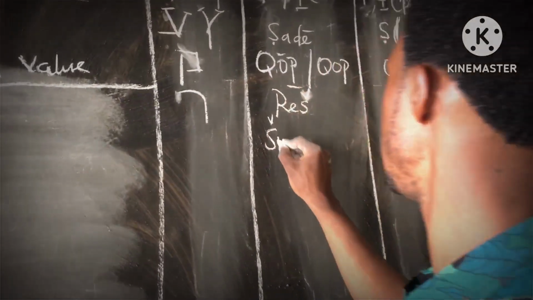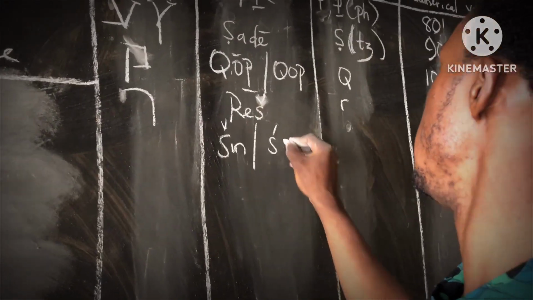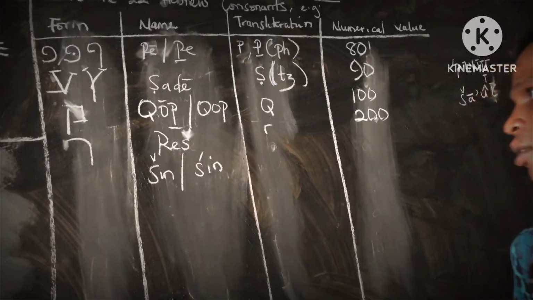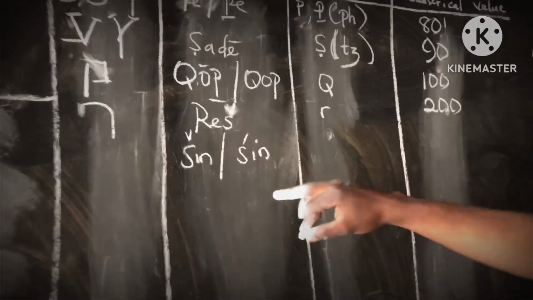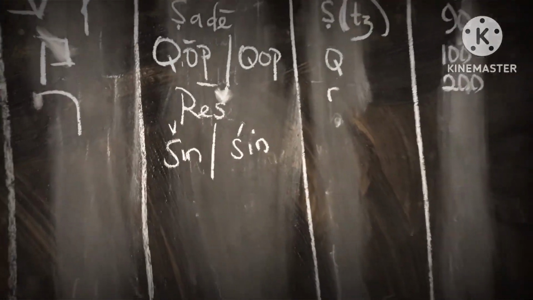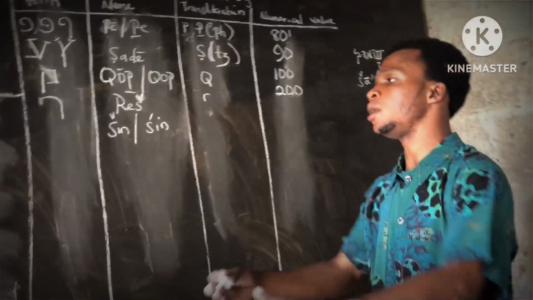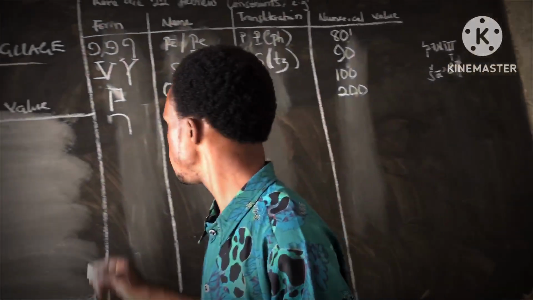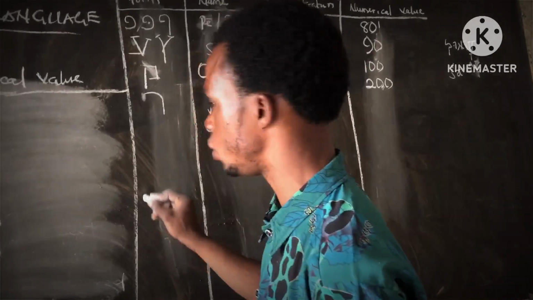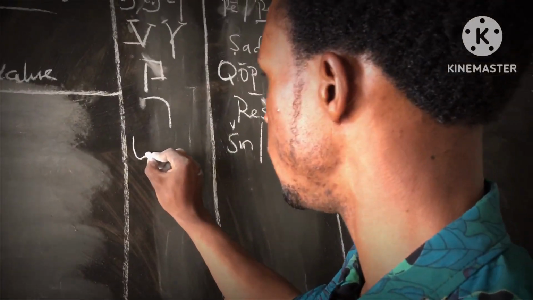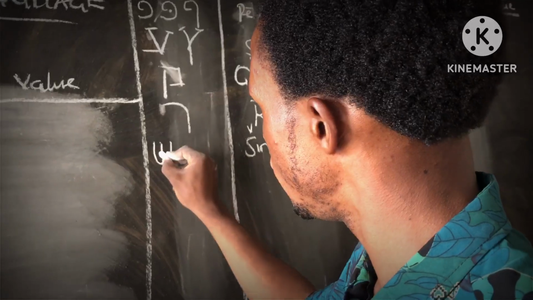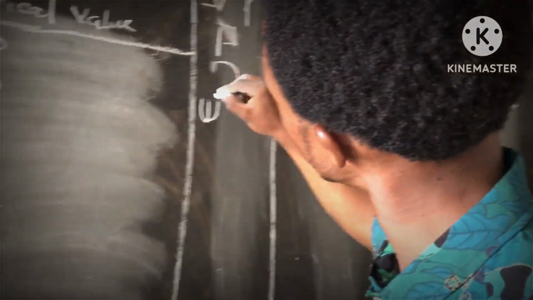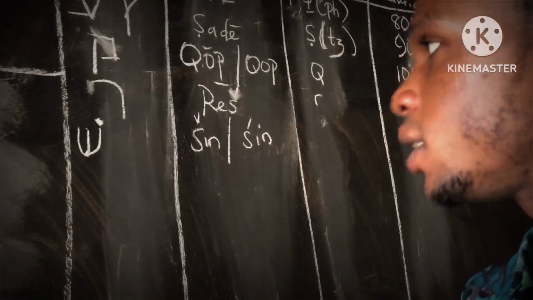So the next one is what we call Shin. We have Shin and we have Sin. Let us see when it becomes Shin and when it becomes Sin. This is how you write your Shin. Look at this dot on the right-hand side.